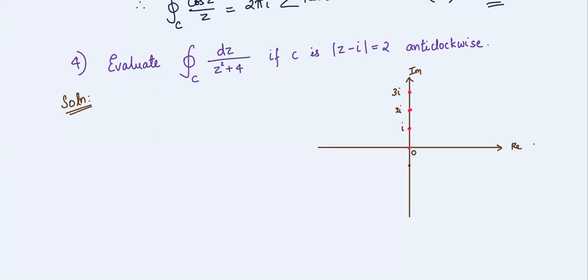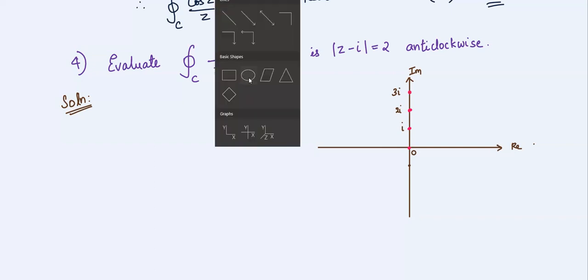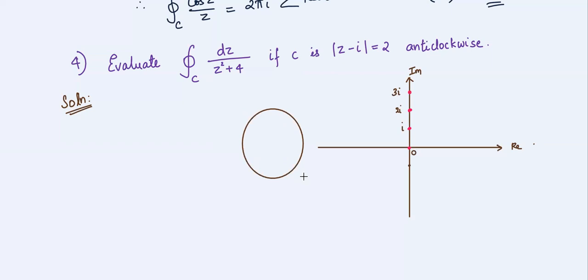I may not be able to draw exactly. Okay, let's take this as the circle. Okay, this is the circle.